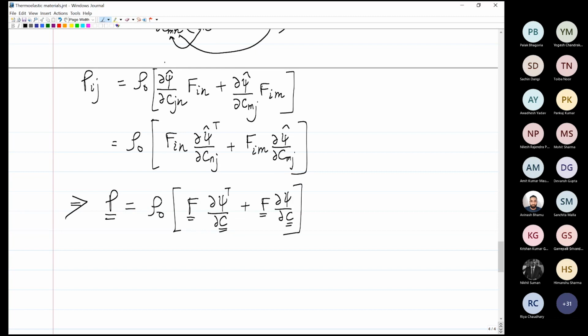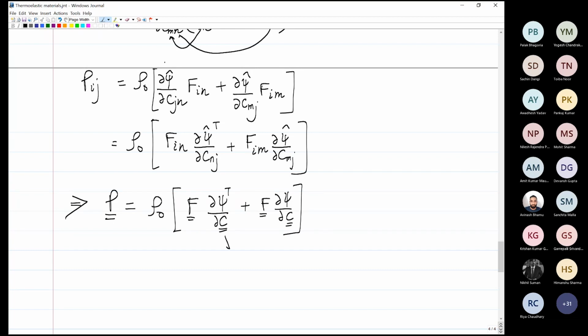Isn't it? But you see, psi, you are taking the derivative with respect to C, which is a symmetric tensor. So del psi by del C should also be symmetric, right? Del psi by del C ij should be same as del psi by del C ji, as Cij is same as Cji.